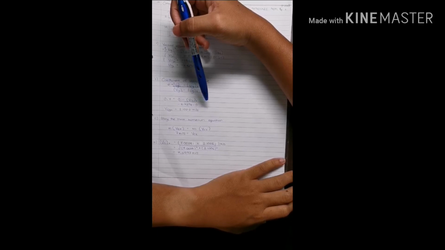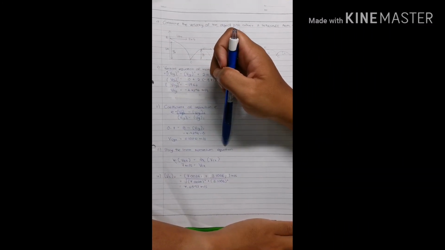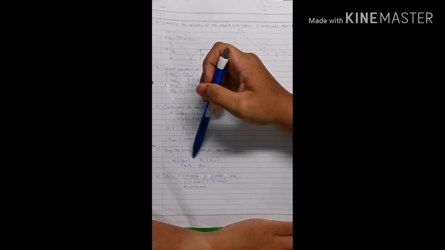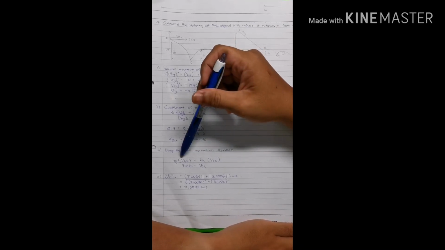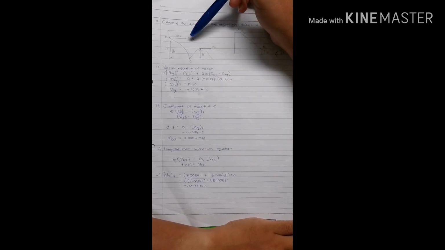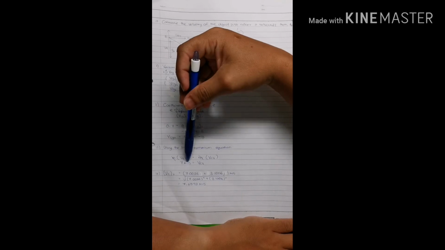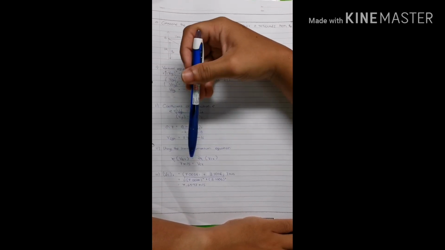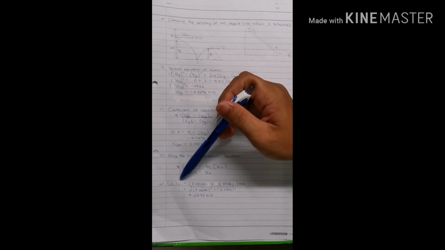Next, using the linear momentum equation, M multiplied by VBX equal to M multiplied by VCX. VBX we can find on the diagram, that is 7 meters per second. So VCX equal to 7 meters per second. Finally, we can find VC2.